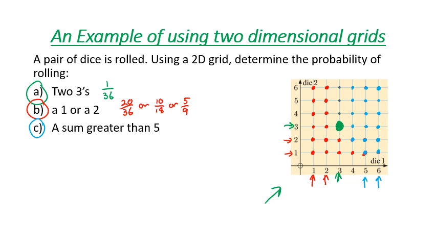If we roll a 3 on dice 1, we need to roll a 3 on dice 2 or above. If we roll a 2 on dice 1, we need to roll a 4 or above. And if we roll a 1 on dice 1, we need to do a 5 or above. So we simply now count all the blue dots, and that'll be out of 36, and that'll give us our probability. Gives us a total of 26 out of 36, or 13 out of 18.